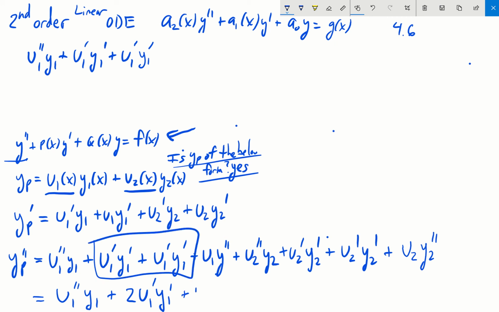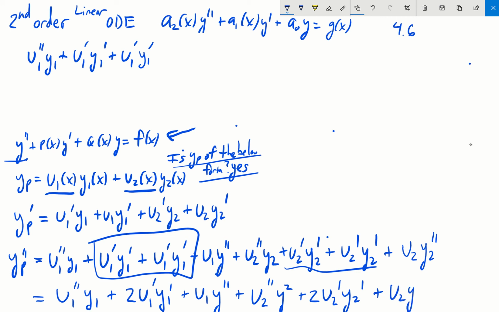We have a u1 y1 double prime plus u2 double prime y2. These two can be combined. We have plus 2 u2 prime y2 prime plus u2 y2 double prime. So we can write out 6 terms instead of 8.